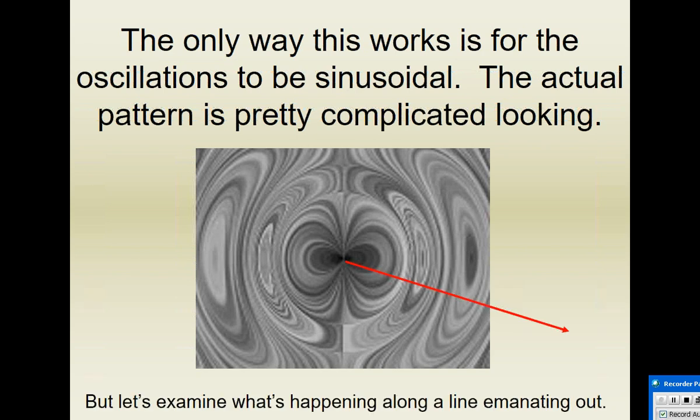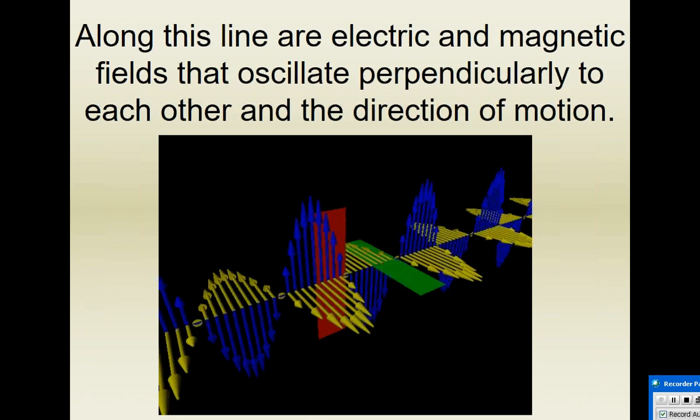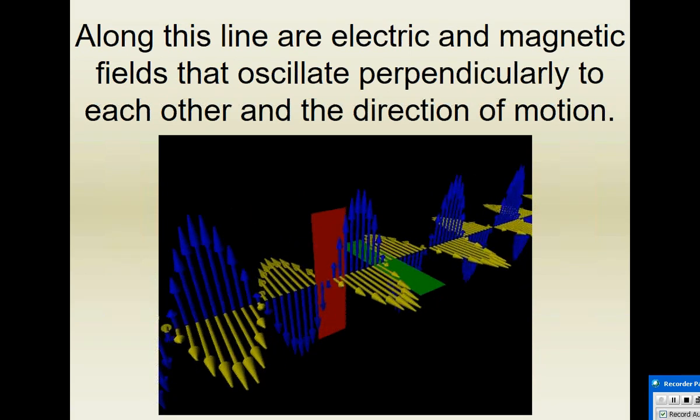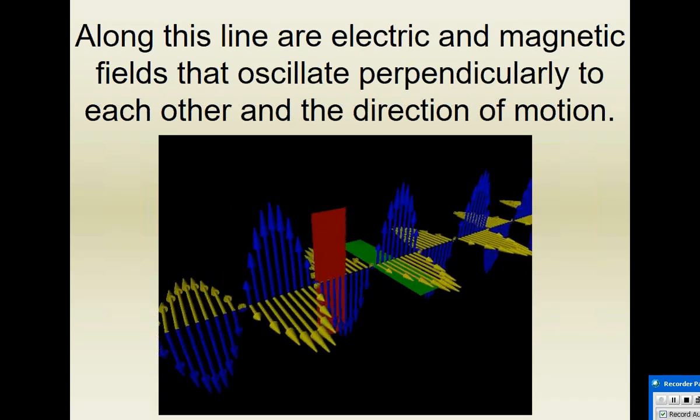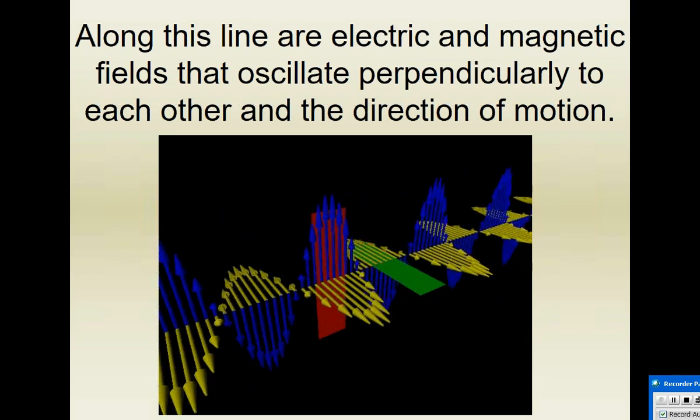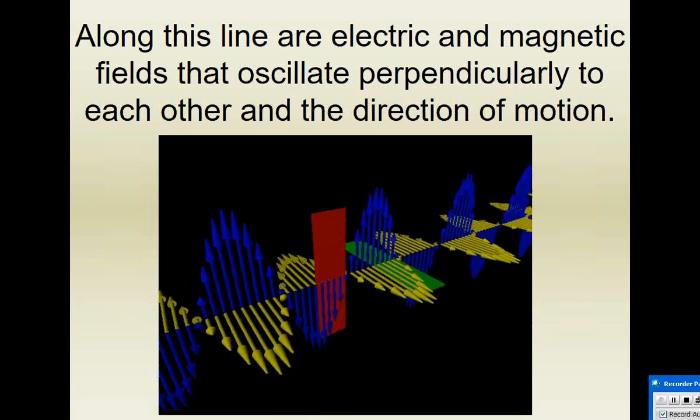Just take a line that starts at the center of all of these oscillations and have it move straight out. And as we move along the line, we are going to examine the electric and magnetic fields. And what we get is this electromagnetic wave that we depicted in the very first slide of this lecture.